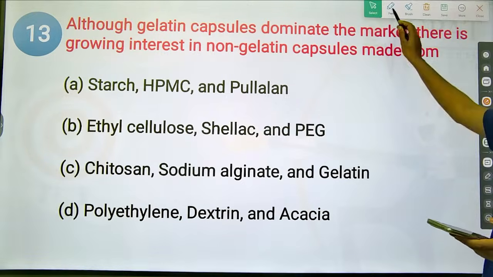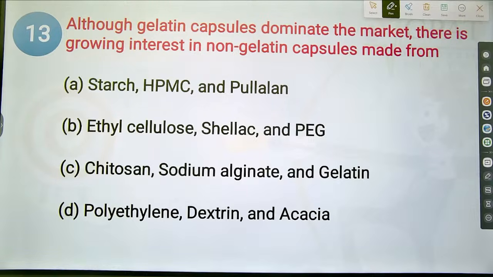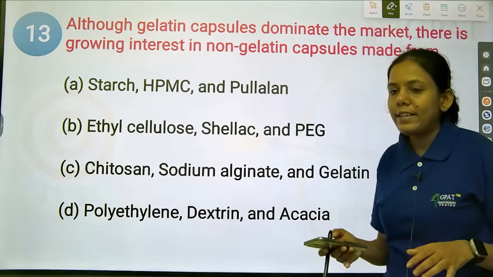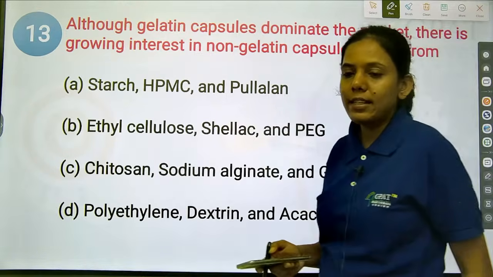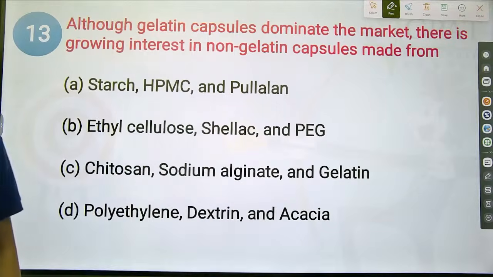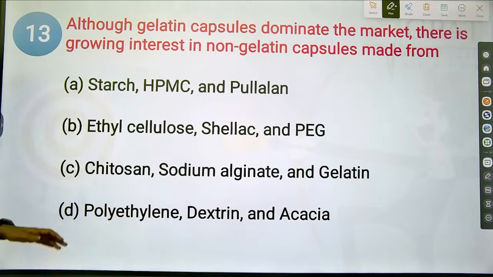Chalo. Next is, although gelatin capsules dominate the market, there is growing interest in non-gelatin capsules made from. So gelatin, you know, is an animal source, right? But apart from gelatin, there are some vegetarian capsule shells. We also call them vegetarian capsules or non-gelatin. So option A is starch, HPMC and pullulan.